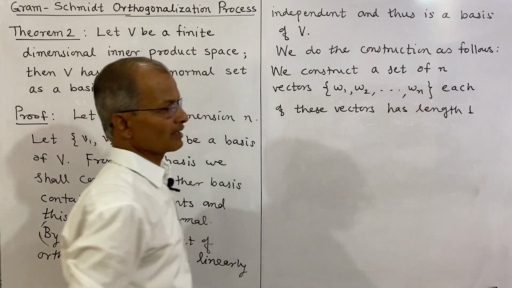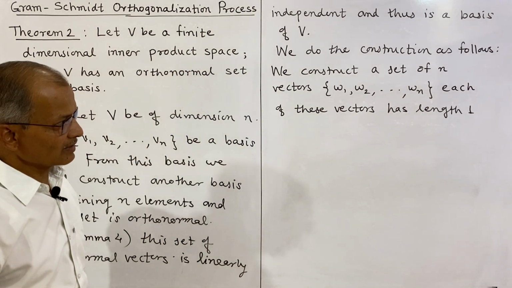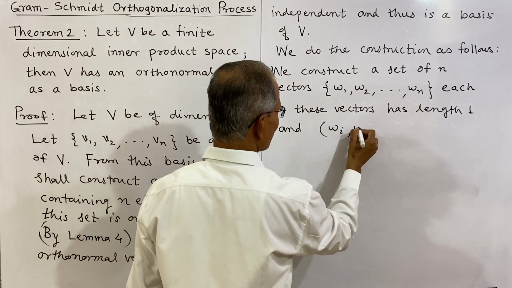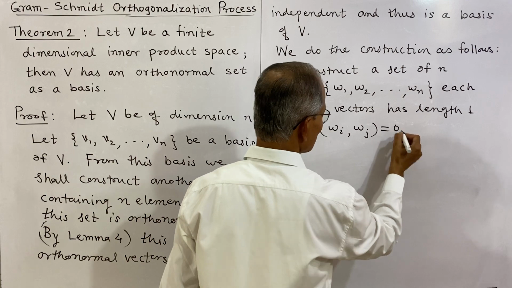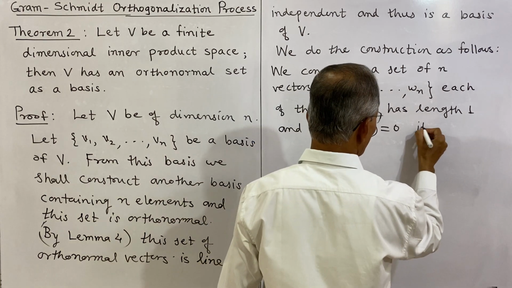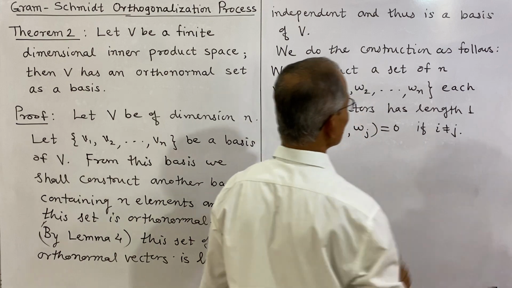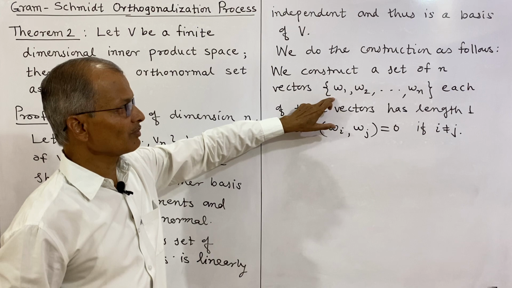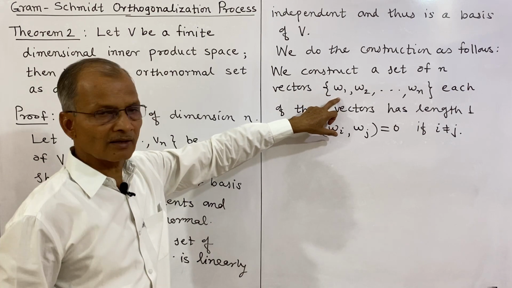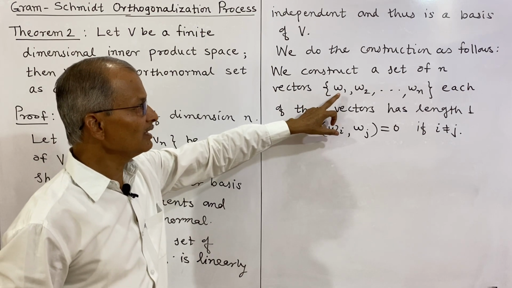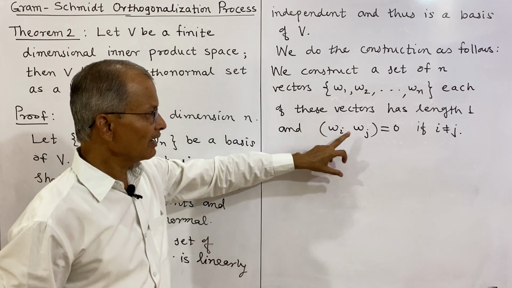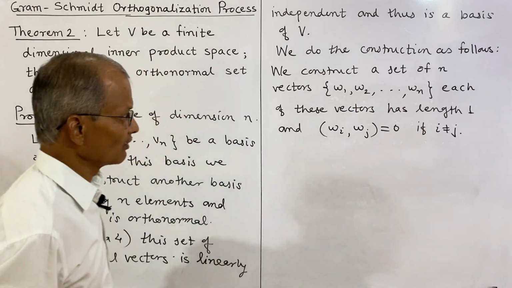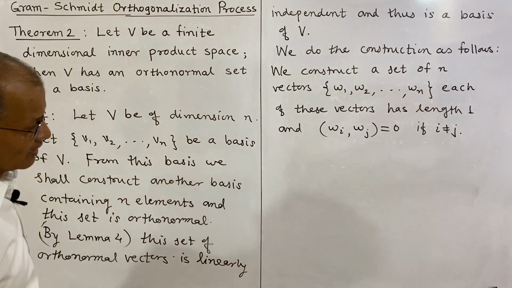Each of these vectors has length 1, means each wi has length 1, and the inner product of wi with wj is equal to 0 if i is not equal to j. So, this is the condition for an orthonormal set. When we say this set is orthonormal, each vector of this set has unit length, and the inner product of different vectors pairwise is equal to 0. So, this is what we want to construct.